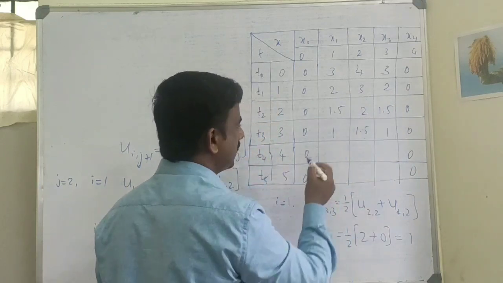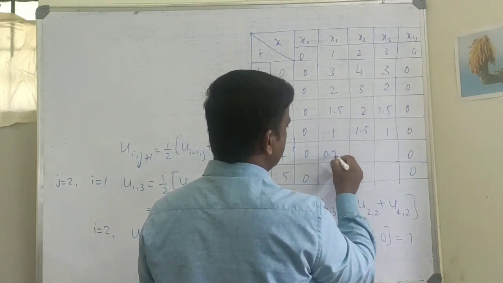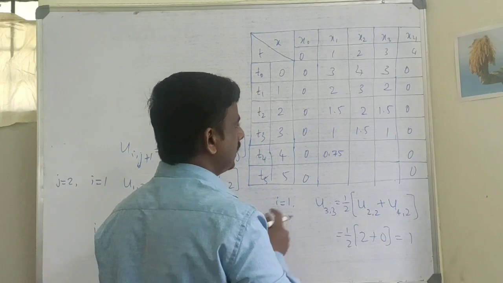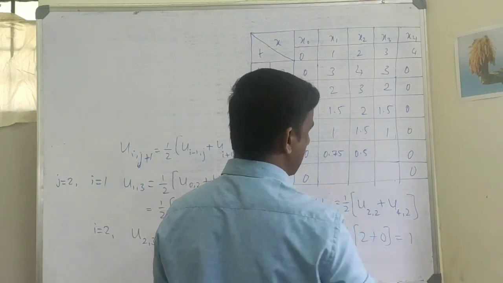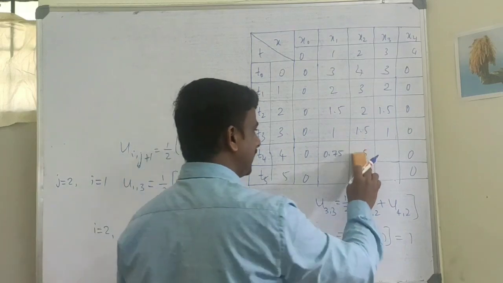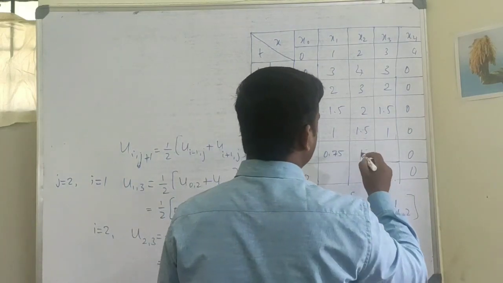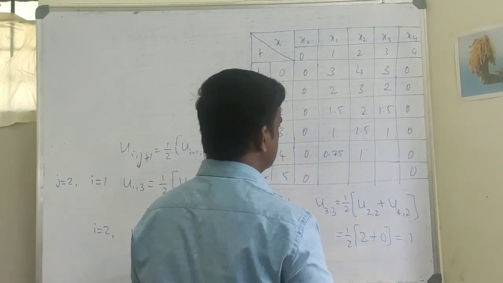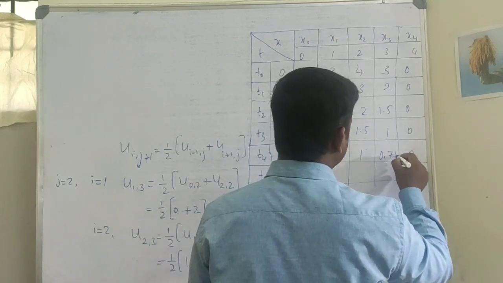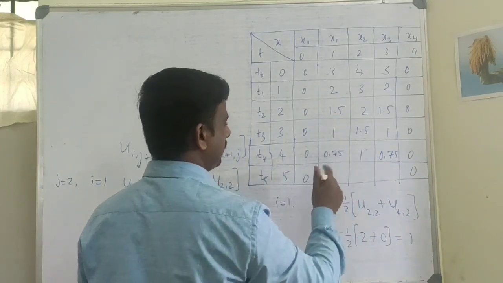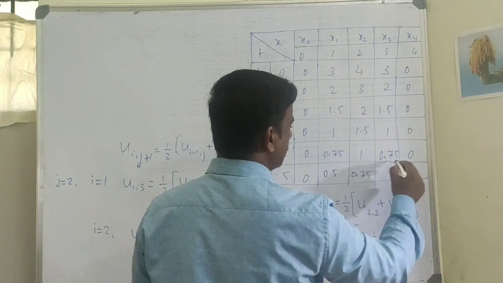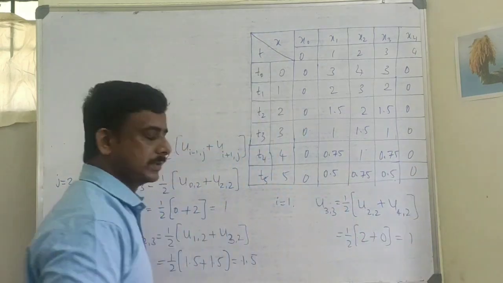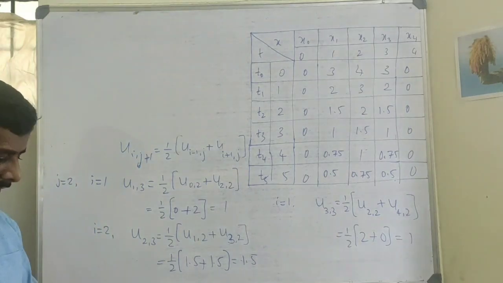So next we get 0.75, next 0.5, the average of 1 and 1, we get 1 again, then 0.75, 0.5. That is the required table.